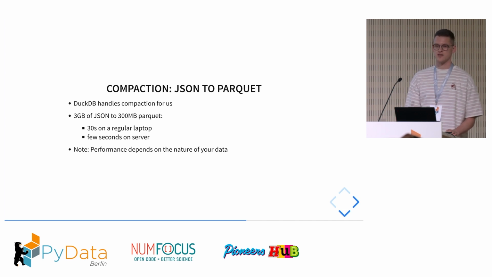So it's about 10% of the original size, and it only takes 30 seconds on this laptop. And on a server, it's not a super powerful server, just a very regular one, it takes a few seconds, so it's almost immediate. However, performance, especially regarding the size of your data, depends on what your data looks like. So take these numbers with a grain of salt, more like a ballpark estimate.